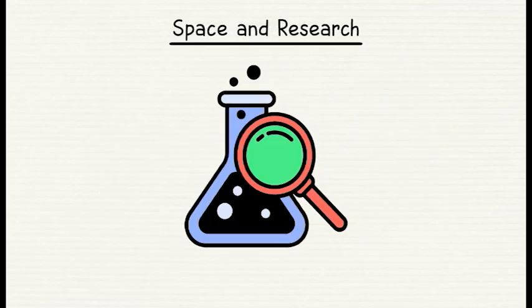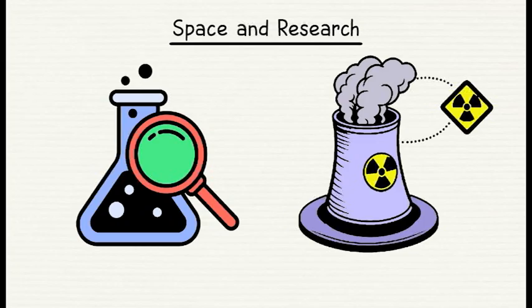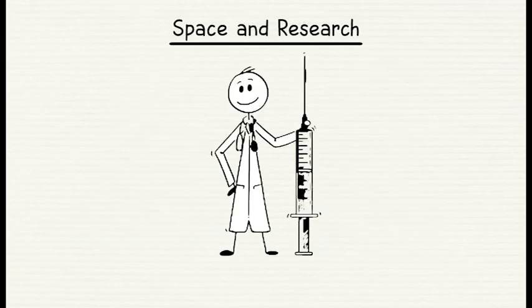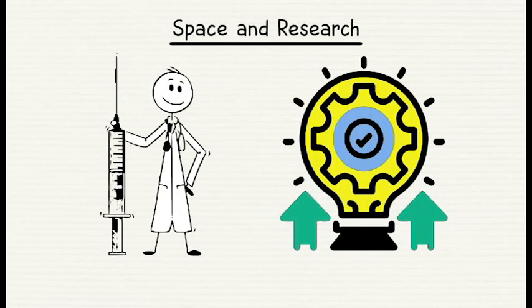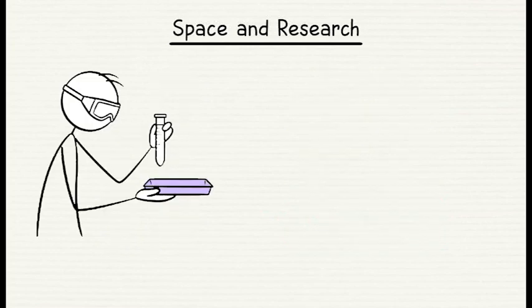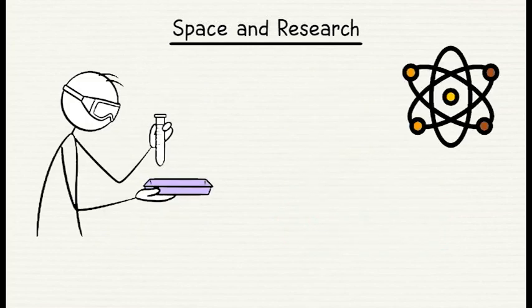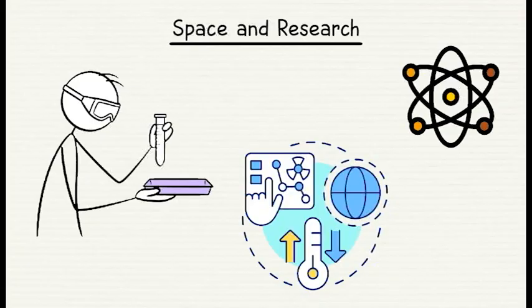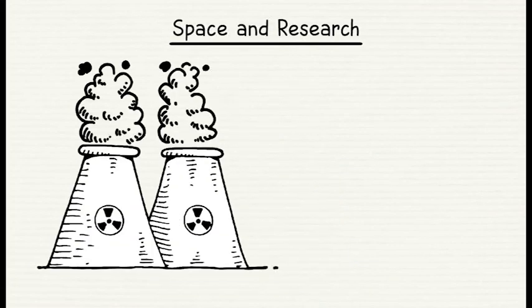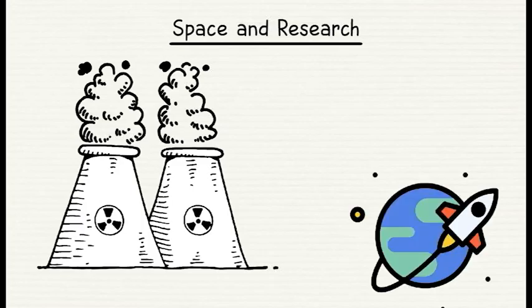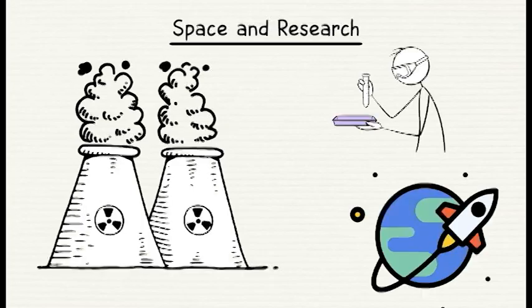In research, nuclear technology supports scientific experiments, medical research, and the development of advanced technologies. It is also used in studying materials, generating isotopes, and understanding fundamental physical processes. Overall, nuclear energy enables long-term space missions and drives innovation and progress in scientific research.